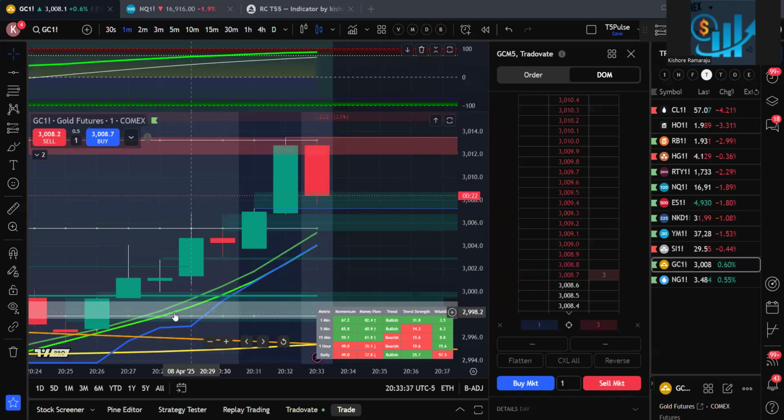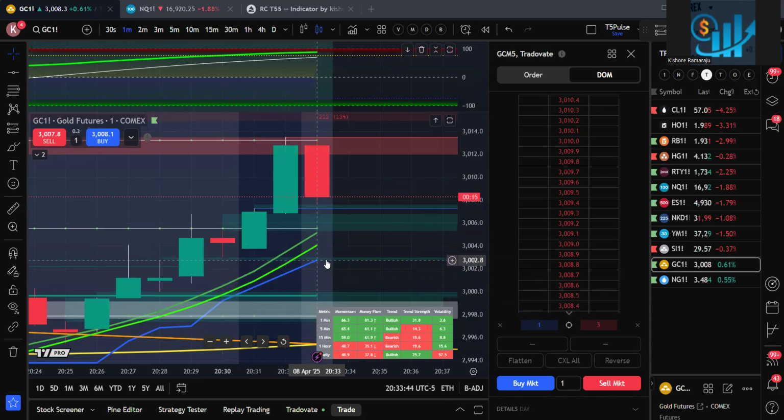As long as this T5 line and price pulse line are looking bullish, don't take the shorts. When this becomes red and this becomes red, that is where we'll enter short.